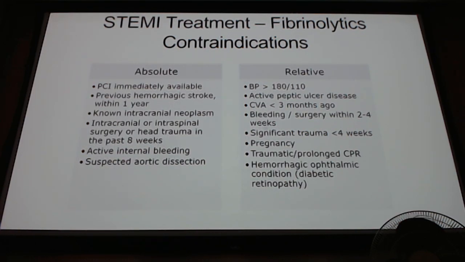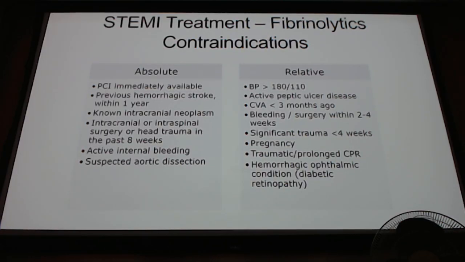All right, so here are, I think you guys had to know this with the first block too, right? Contraindications, fibrinolytics, they're the same. So, absolute contraindications. If they get a PCI, we don't need to give them fibrinolysis. If they've had a previous stroke, hemorrhagic stroke in the past year, known intracranial neoplasms, any sort of intracranial spinal surgery, or head trauma in the past 8 weeks, any active internal bleeding, or suspected aortic dissection, those are absolute contraindications.